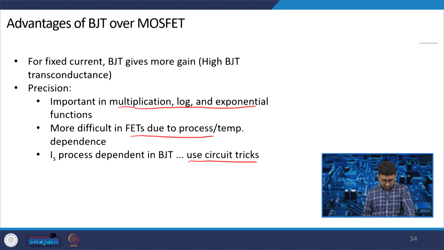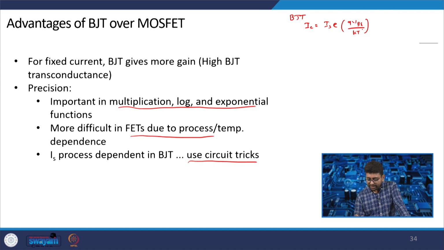If we try to see the advantage of BJT over MOSFET in terms of equations, we will take one example. If there is a BJT, it has a current IC which is equal to IS e raised to QVBE by KT.